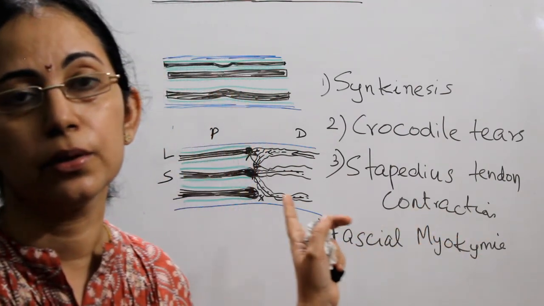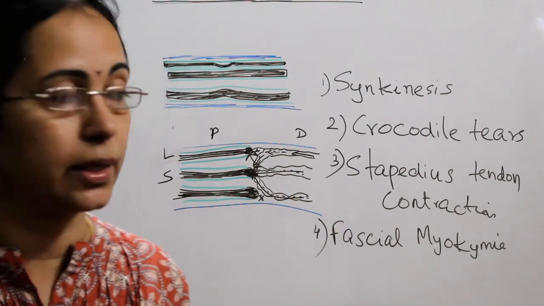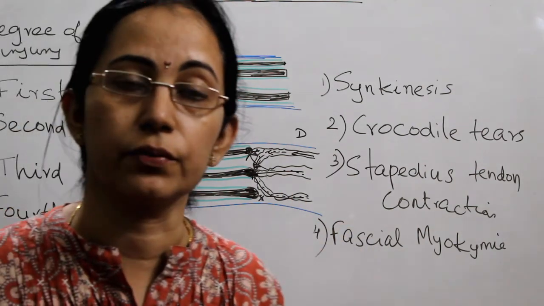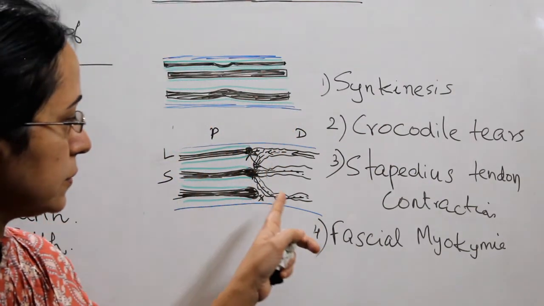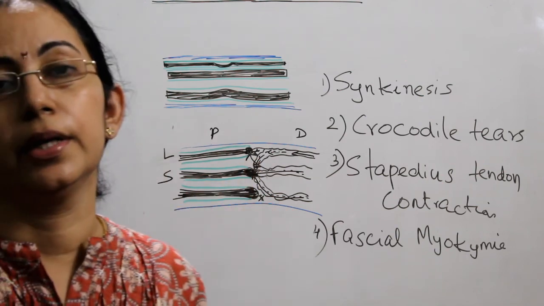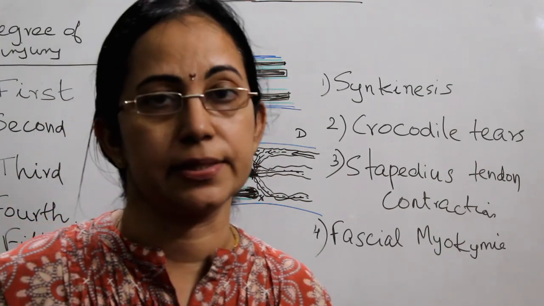So these are the common conditions of altered function of the facial nerve after an injury, and that is due to the mixing up of nerve tubules in a nerve fascicle. Okay.